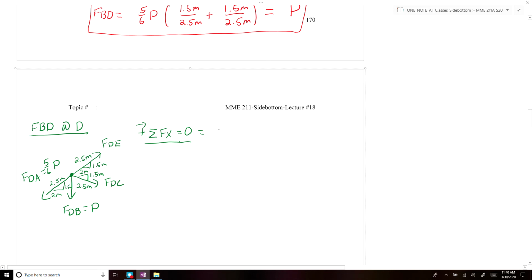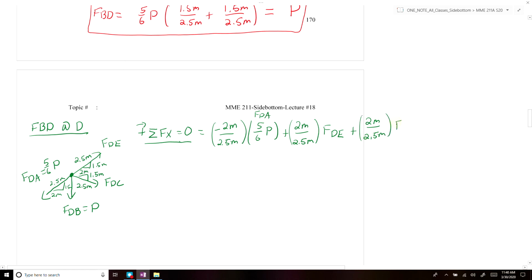So FDA's x component would be negative 2 meters over 2.5 meters times 5/6 P. And then we'll have the x component of FDE, which would be equal to 2 meters over 2.5 meters times FDE, and we'd also have a ratio of 2 meters over 2.5 meters for the x component in FDC.